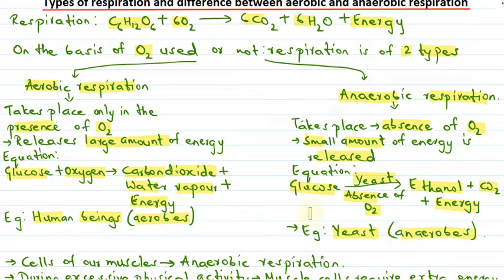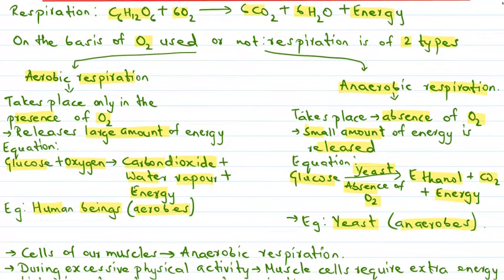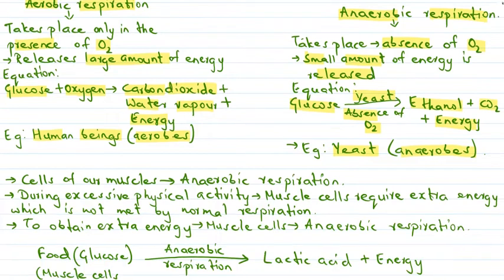Here we have taken an example of yeast that is breaking down glucose in the absence of oxygen, and this is resulting in the release of ethanol, carbon dioxide and energy. So example of an organism that performs anaerobic respiration is yeast, and the organisms that perform anaerobic respiration are called anaerobes. This process is also known as fermentation. So one more example of anaerobic respiration we can see is in the cells of our muscles.